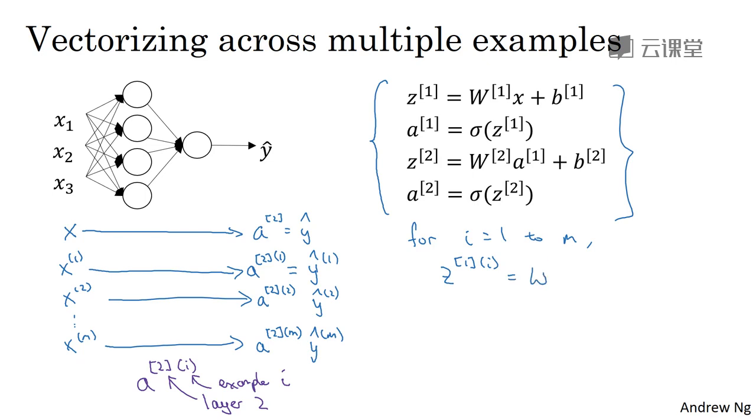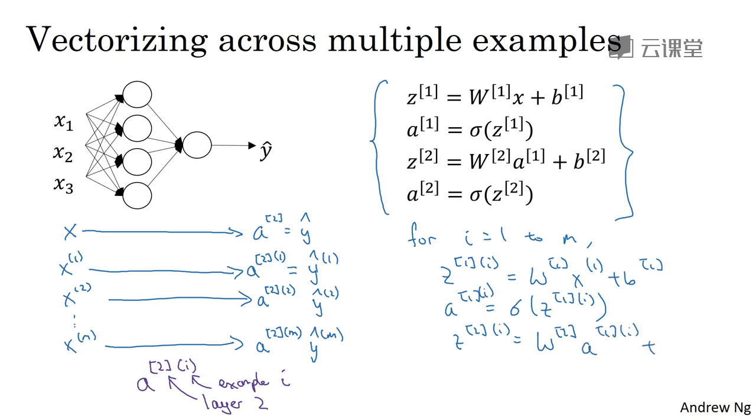Z1(i) equals W1 X(i) plus B1, A1(i) equals sigmoid of Z1(i), Z2(i) equals W2 A1(i) plus B2, and A2(i) equals sigmoid of Z2(i), right?